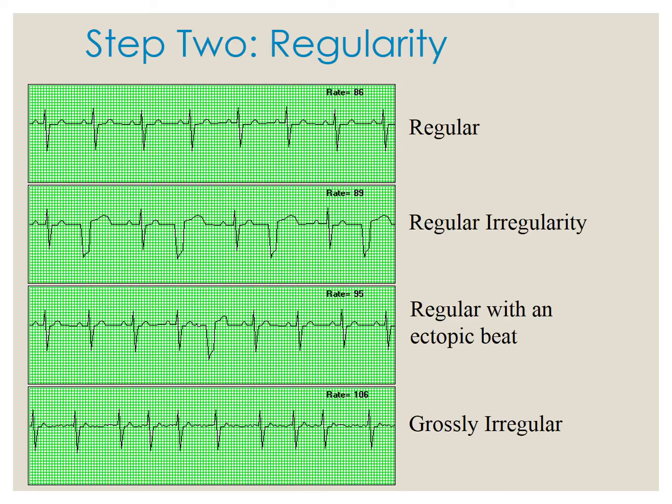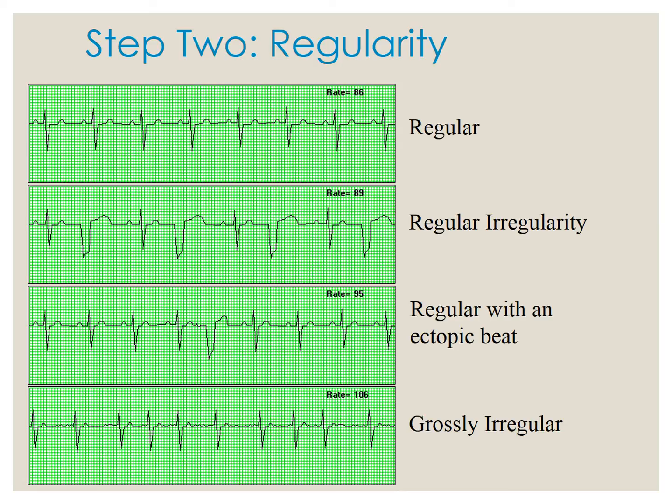Then the next one is regular with an ectopic beat. That's where you may have an occasional PVC show up, but these complexes should march out when you're measuring them, and they should all be normal. Even with that ectopic beat in there, if you continue to march it out, it should keep going along. So it is regular with an ectopic beat.